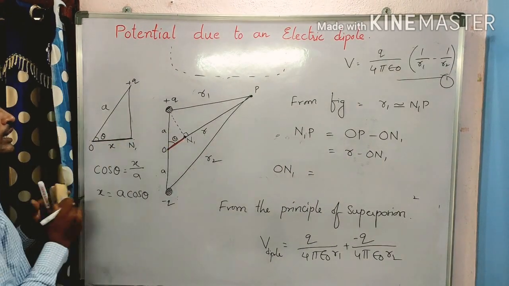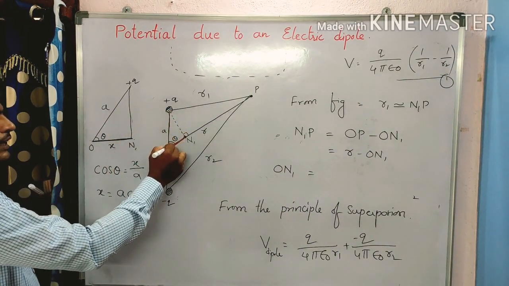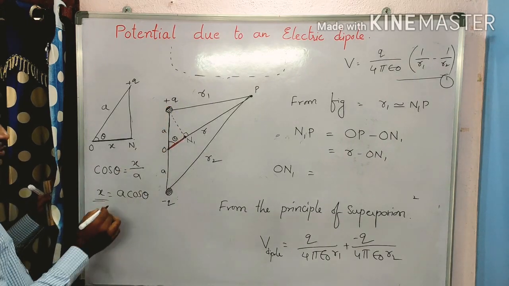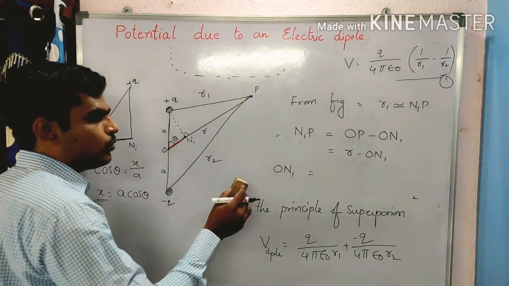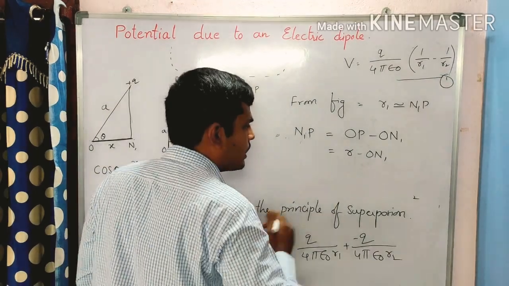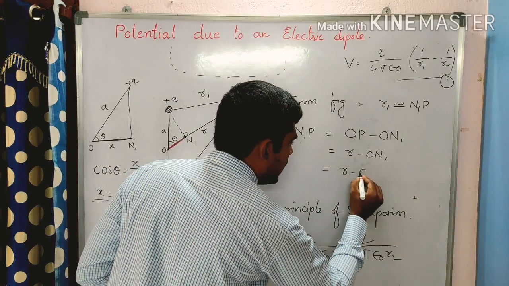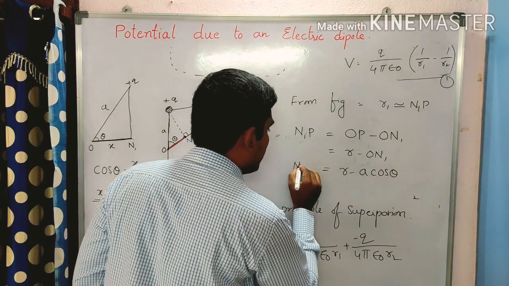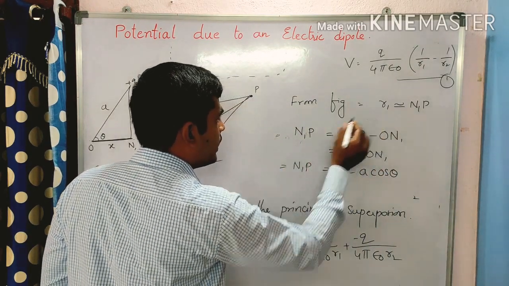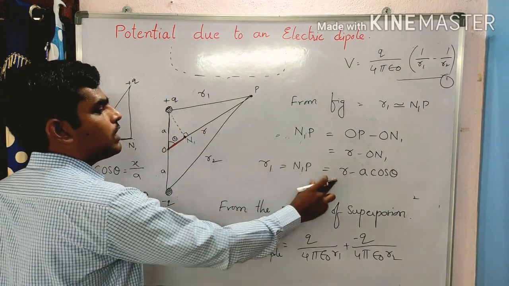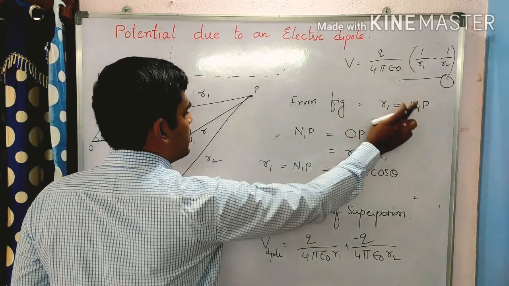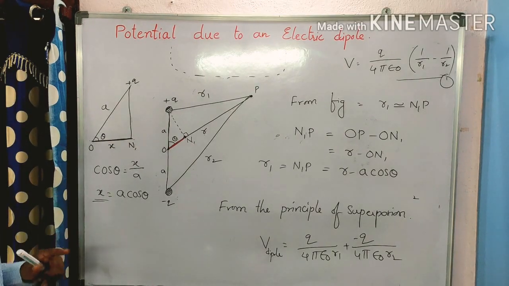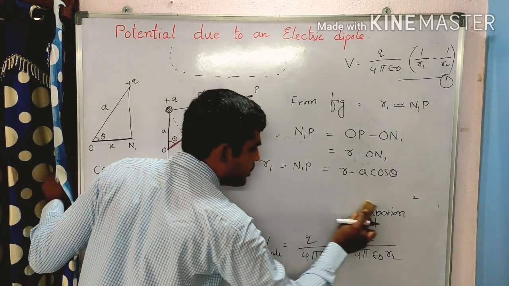For ON1 I am considering this right angle triangle, from which x equals a cos theta, so ON1 is equal to a cos theta. So I will write N1P as R minus a cos theta. It is nothing but R1. R1 is equal to R minus a cos theta. So R1 value I got. Next, what is needed? R2 value is needed.